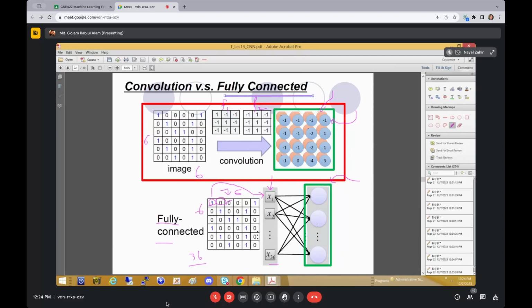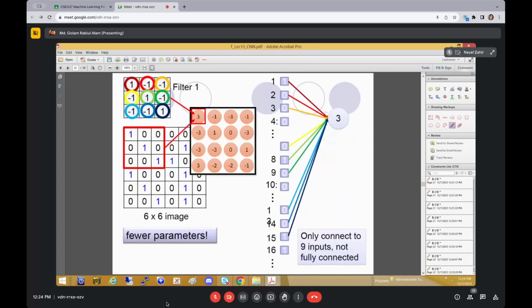Every neuron of the input has to connect to every neuron of our hidden layer.